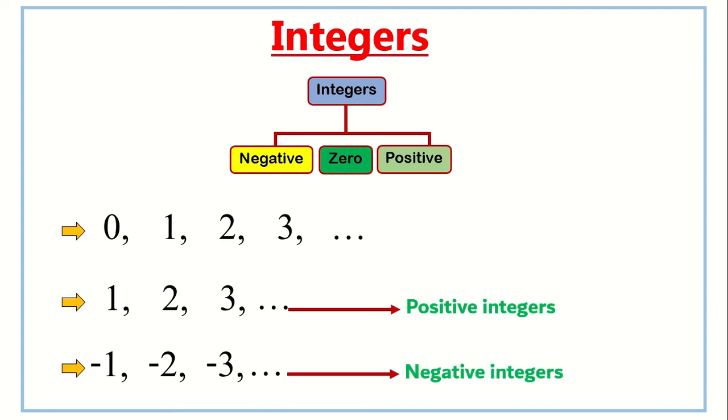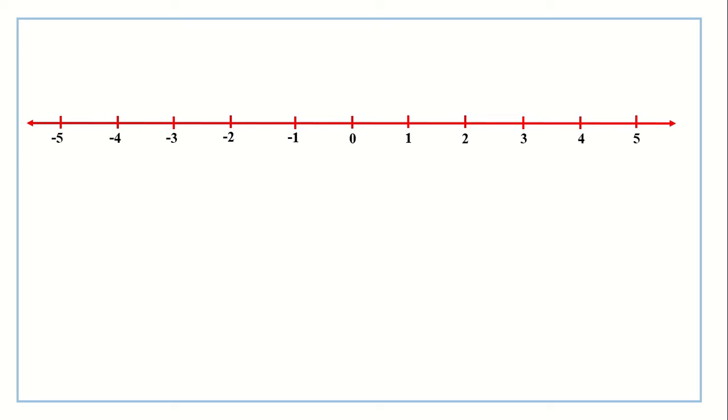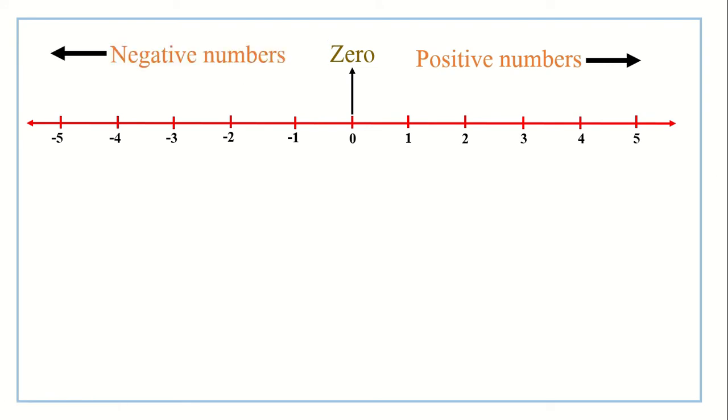So, we are going to look at this further using a number line. Okay? Now, a number line has got three parts. We have got 0, then we have got this side, we have got positives, and this end we have got negatives.